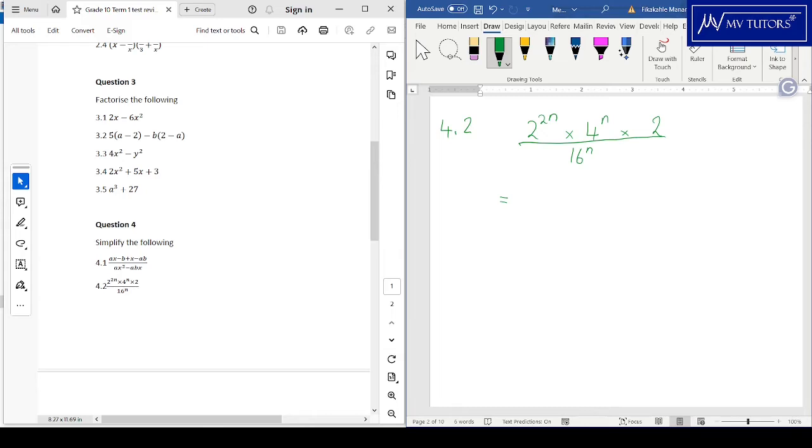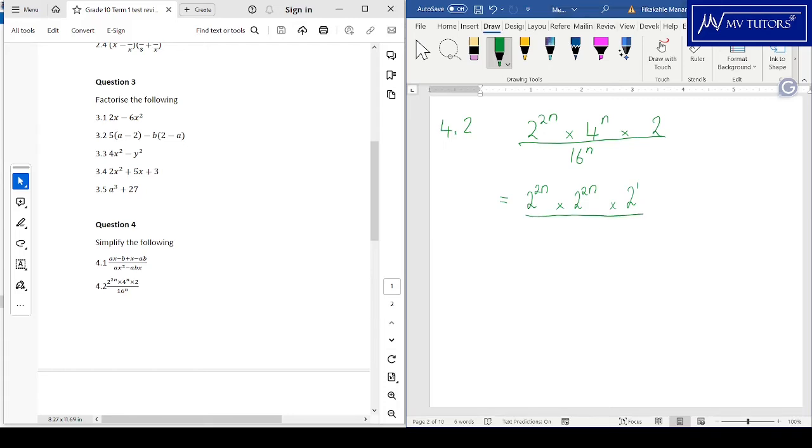So 2 is already a prime factor, so it's going to stay as 2 to the power 2n times 4 is not a prime factor, but I can write it as a product of its prime factor, which is 2 to the power 2, and then there's an n which multiplies the exponent, so it's 2n, and then times 2. Now I want to put a power 1 here. You will see why, because 2 to the power 1 is the same as 2. I'm just going to include that 1.